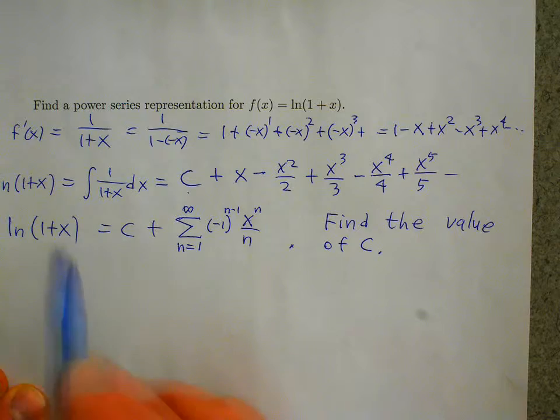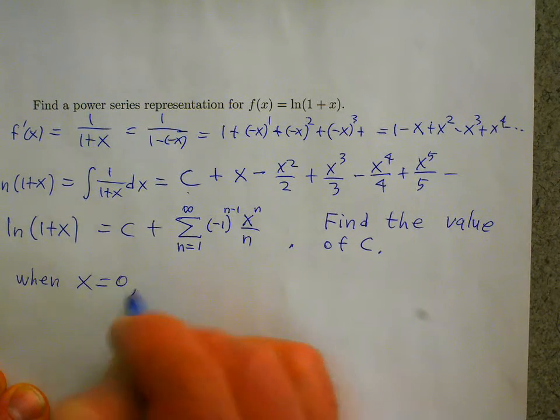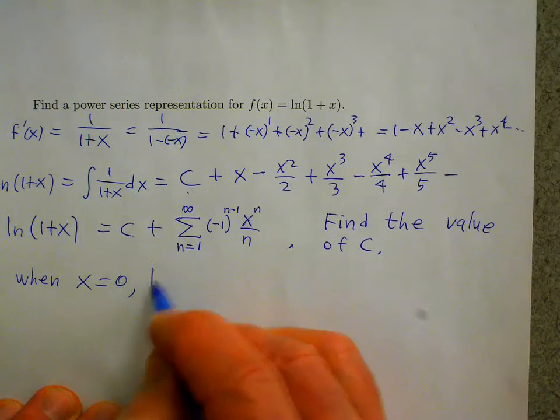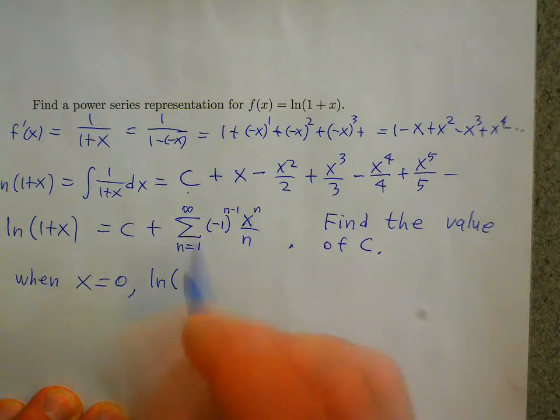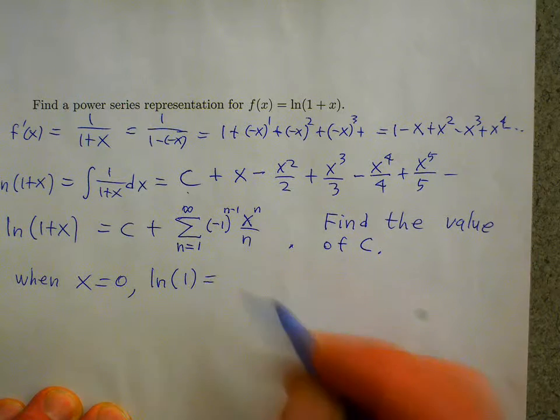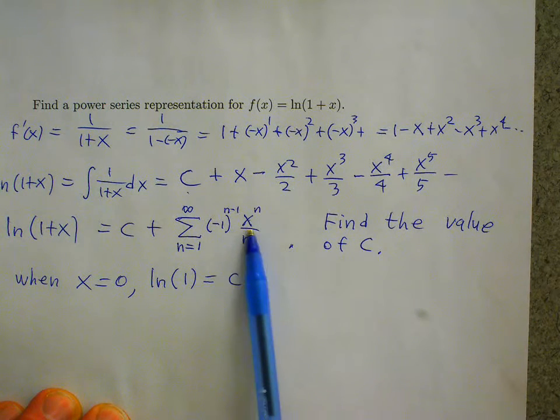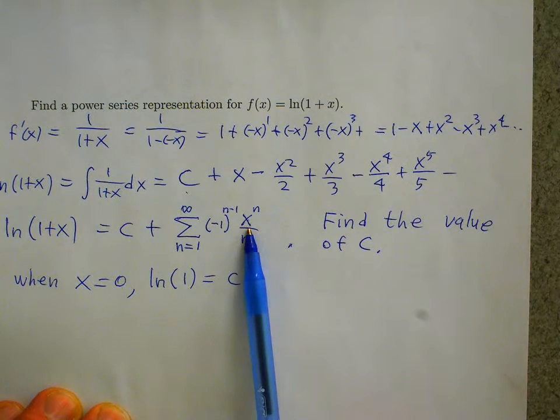Well, when x equals 0, we get the natural log of 1 plus 0, or the natural log of 1, which is equal to c plus 0, because each of those terms in the series has x in it.